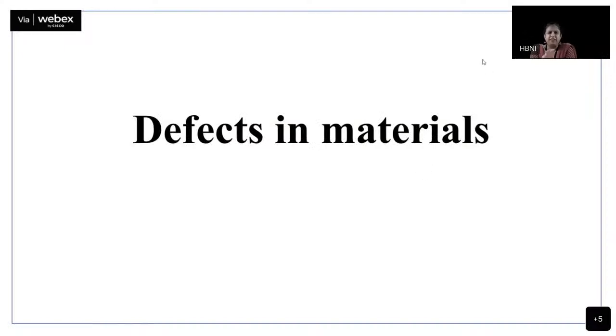Okay. So defects, the word as such in English has a very negative connotation to it. It basically means something is not perfect, something is not right. But it is good to have defects also. Even the human beings, none of us is without a flaw.